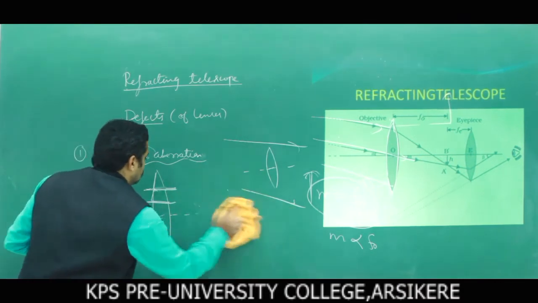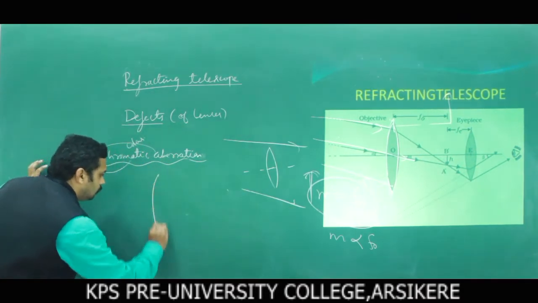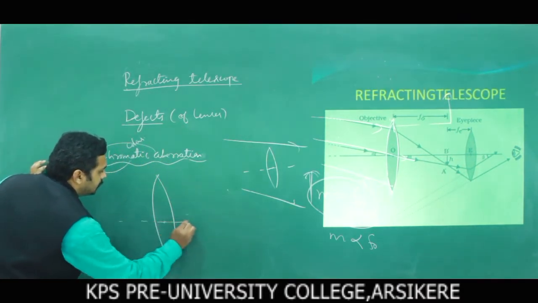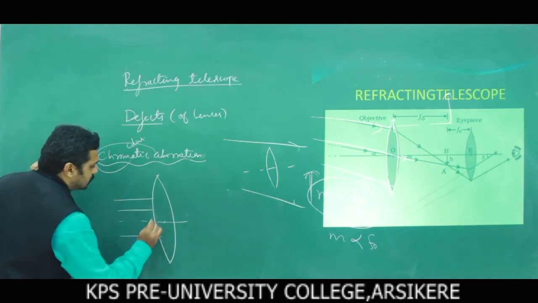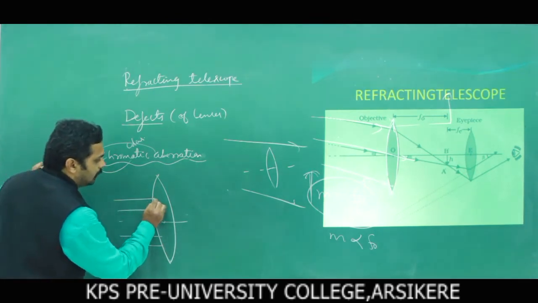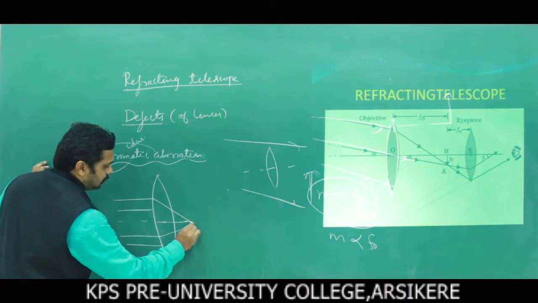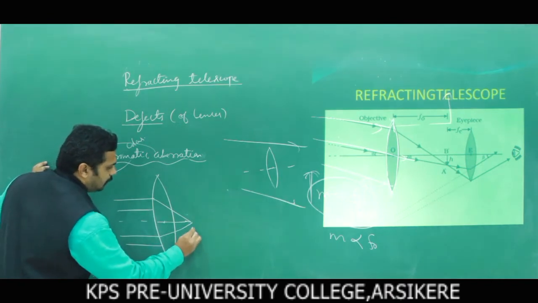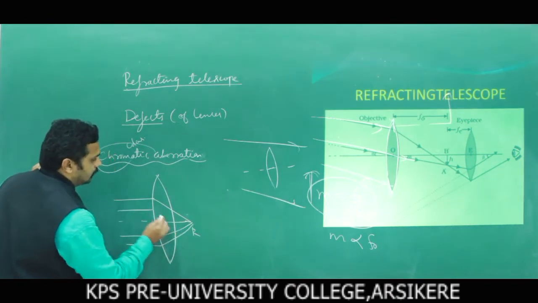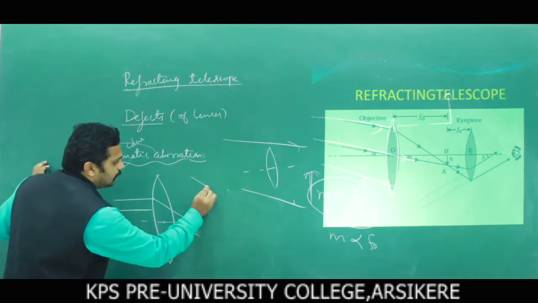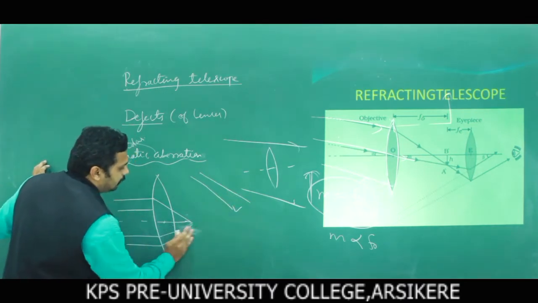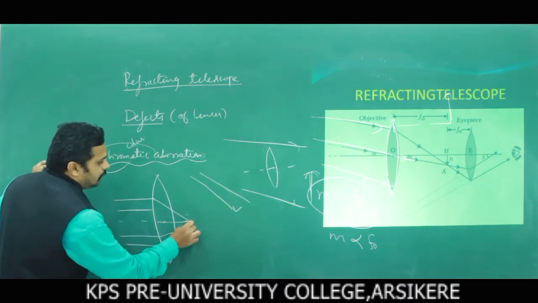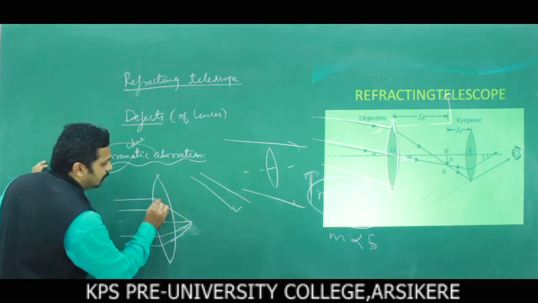Look here. Suppose this is the lens. You pass white light, which is a mixture of many colors. Red color deviates less, and violet color deviates more.